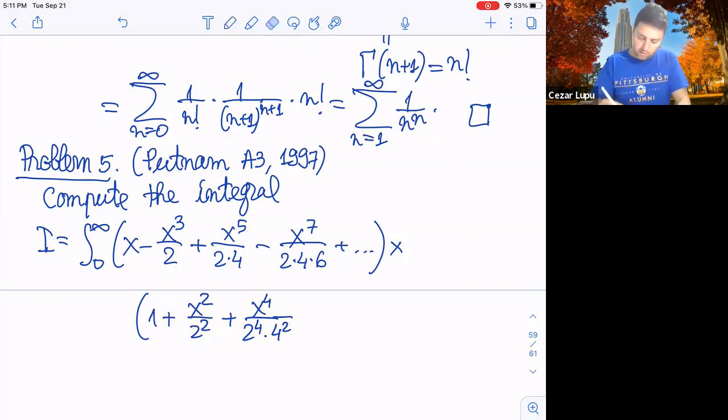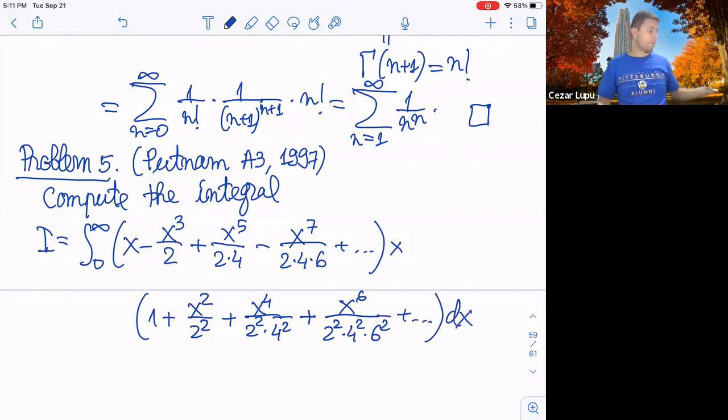I think it's 2 squared here, it shouldn't be 2 to the 4th. Plus x to the 6th, so the next term should be 2 squared, 4 squared, 6 squared, plus so on, dx. Oh my.